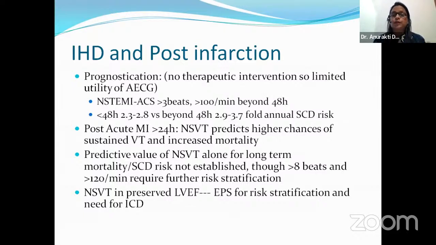Only if it is more than 8 beats, with a rate more than 120 per minute, it requires further exploration. Else, if the EF is more than 35%, definitely you should do either a stimulation program to find out a substrate for sustained VT, or we can do AECG. But still, it's not a class 1 recommendation, which we'll come to later on.